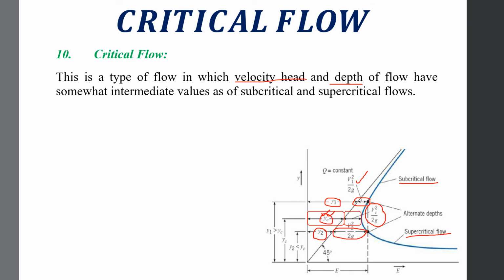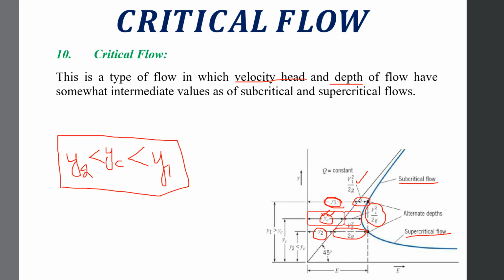So simply we can see that yc is less than y1, but y2 is less than yc. You can write a condition for critical flow here.